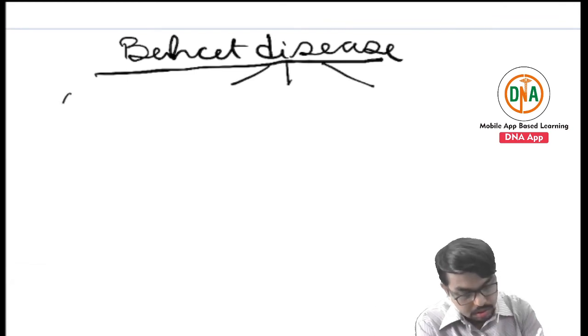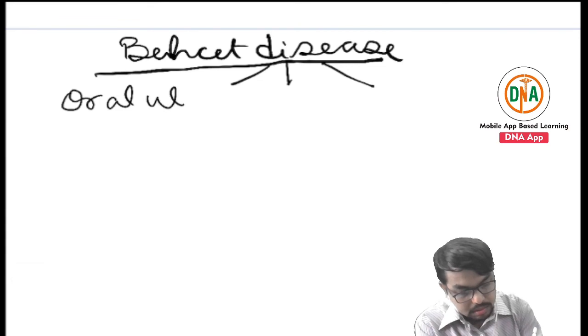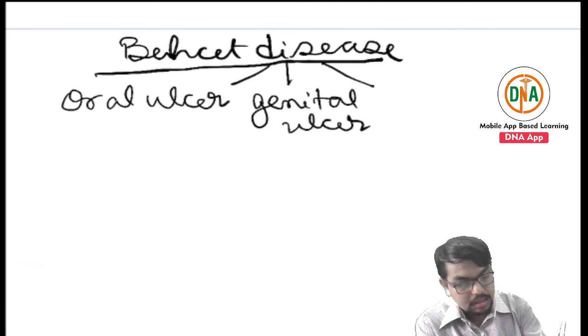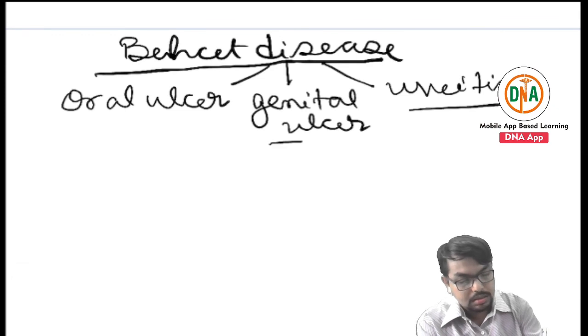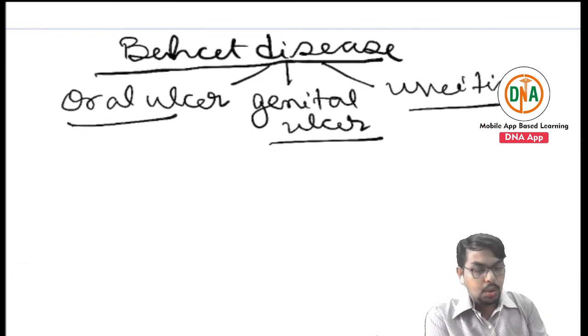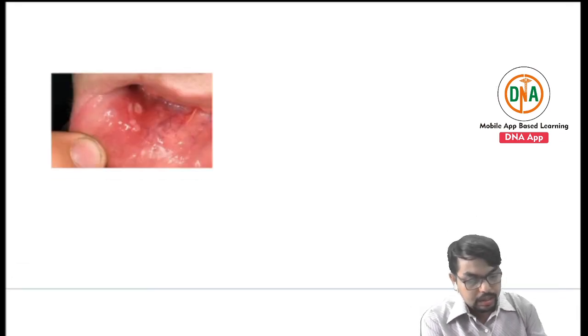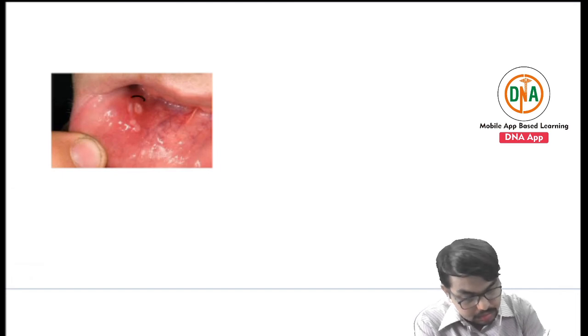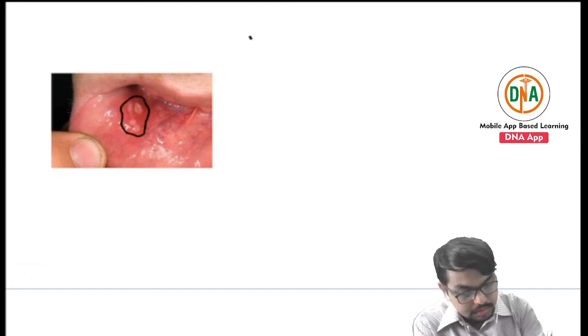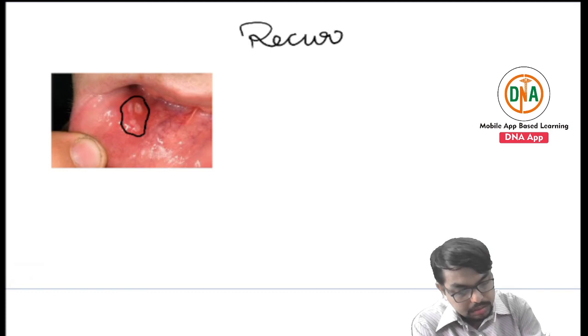One is oral ulcer, one is genital ulcer, another is eye changes in the form of uveitis. In the oral cavity we will get recurrent oral aphthous. See the aphthous ulceration here.